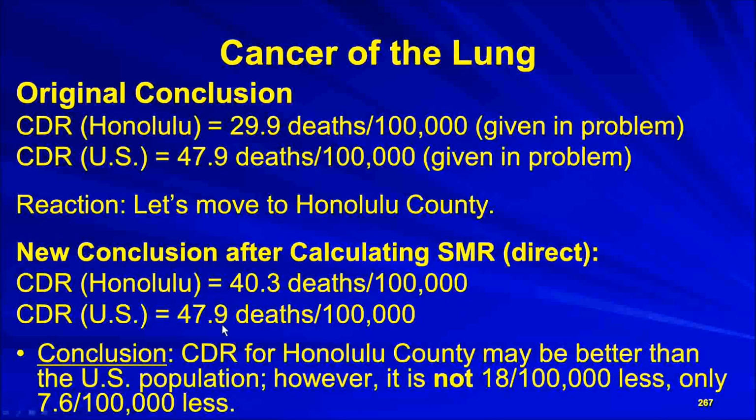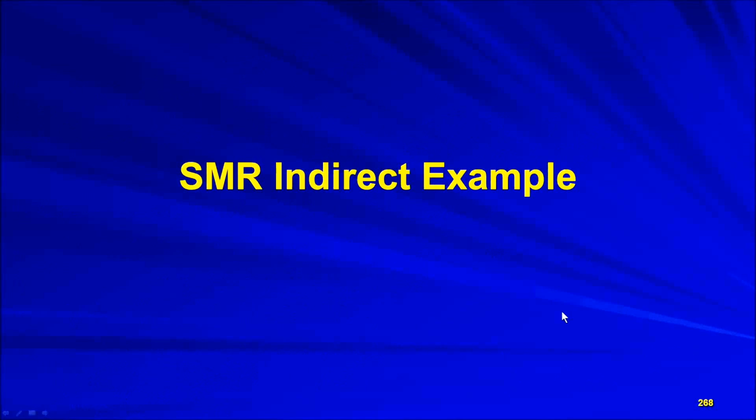And again, it's still lower than the U.S. population, but it's not as low as we would have advertised and led people to believe. Okay, so hopefully you see the value. We had two criteria we used. We had to have age-specific death rates for the subpopulation or the target population or Honolulu County, however you wanted to say it. And then next we had to have skewness.